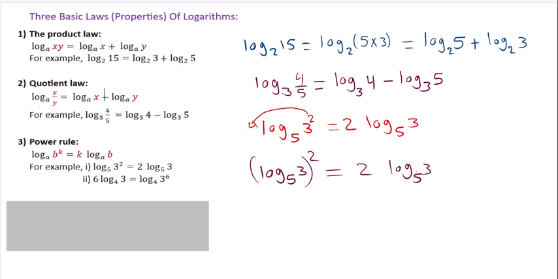Actually, no, it cannot be written like this. This is a mistake. Why? Because 2 is not the power of 3. 2 is a power for the entire log. But I can use the power rule only if the power is for the argument. Only the argument. So here I cannot use it.